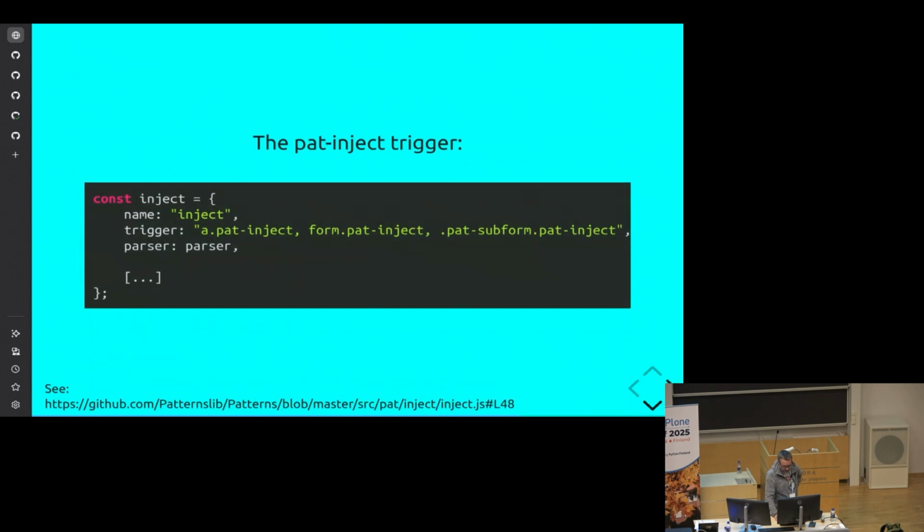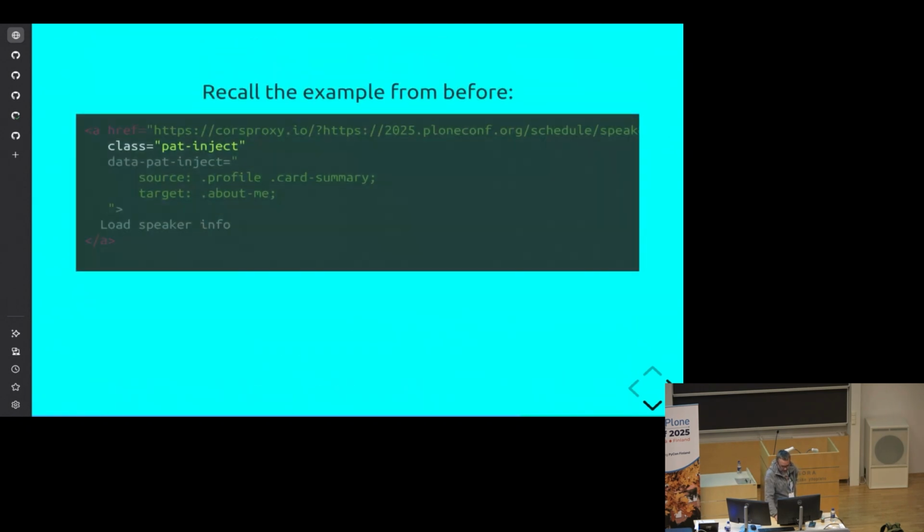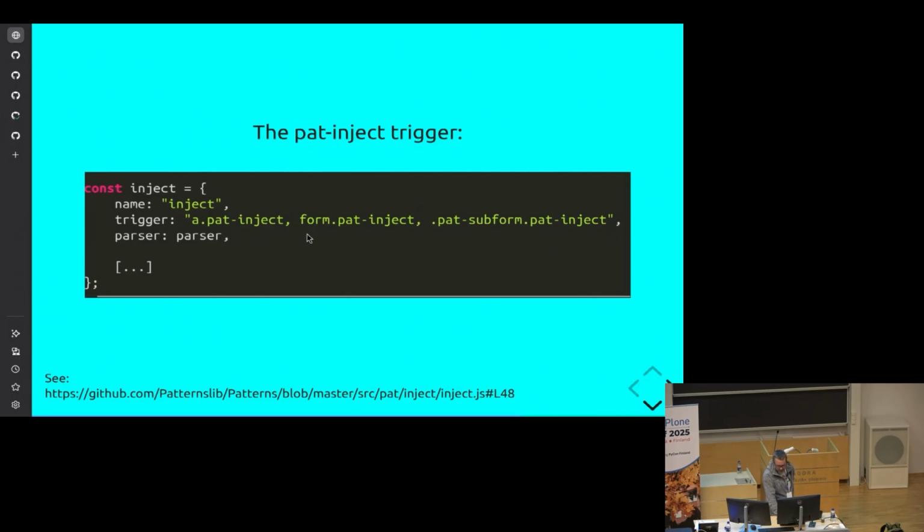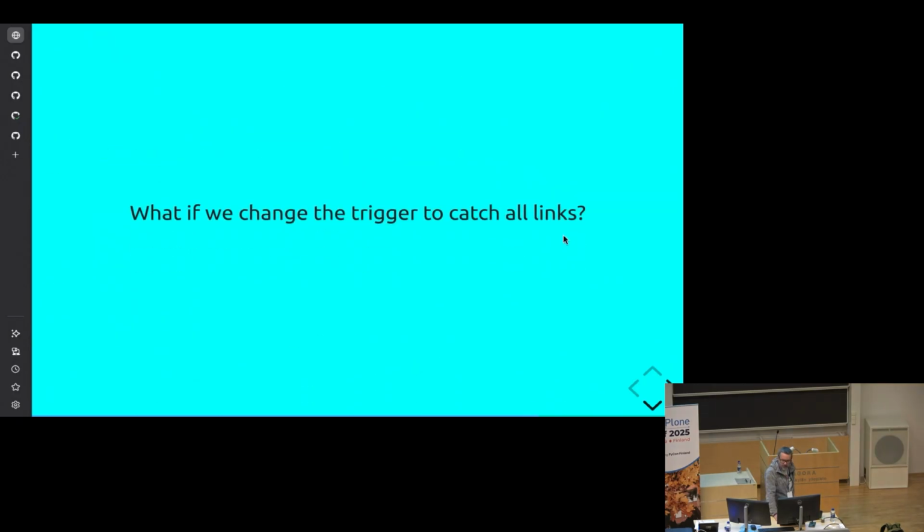And what if we change the trigger to something else? This shows you the standard trigger. This is the standard configuration of the inject pattern, and it only searches for a.pat-inject, form.pat-inject, and .pat-subform.pat-inject. And what if we change that to catch just all links on the website?